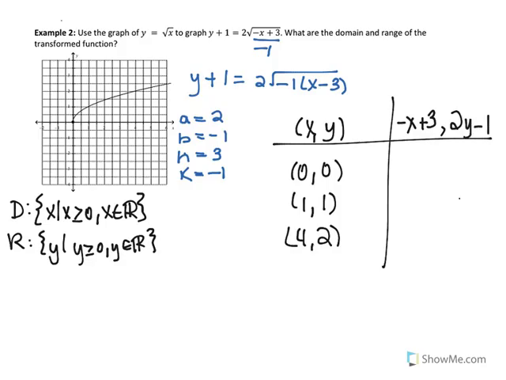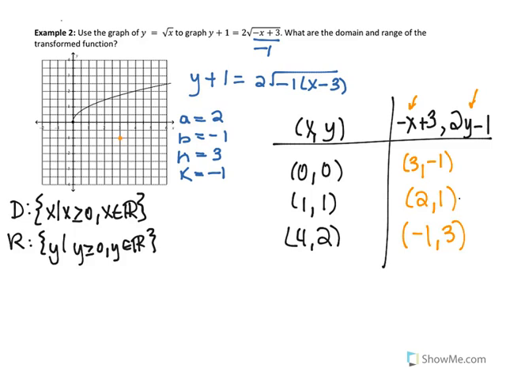So I want you to pause the video and find all the new points. So you should be getting 3 and -1, 2 and 1, and -1 and 3. So again, plugging those values in for x and for y to solve for our new transformed points.